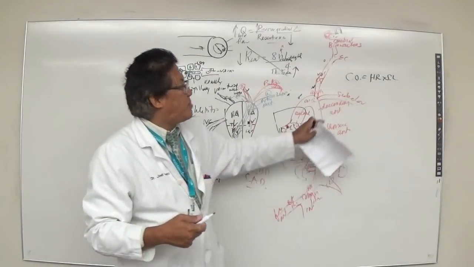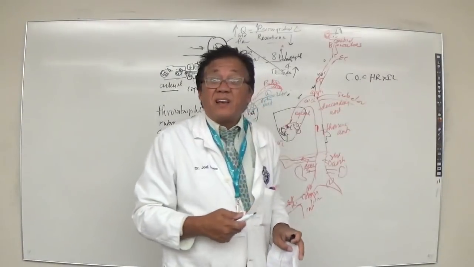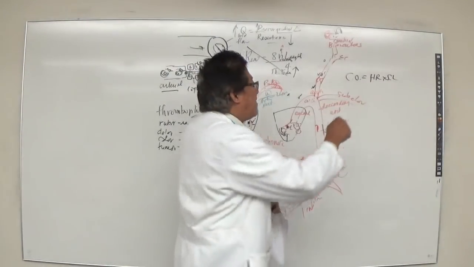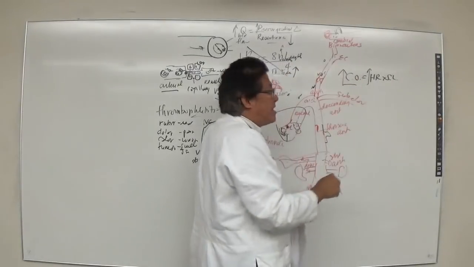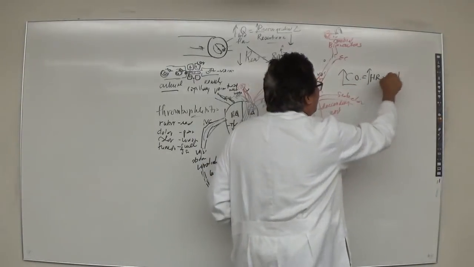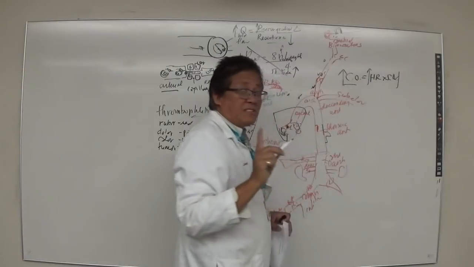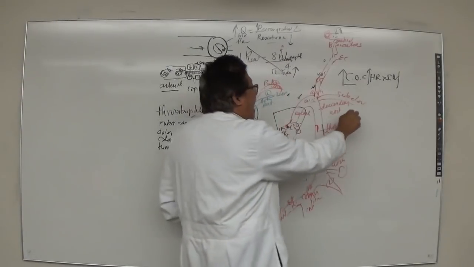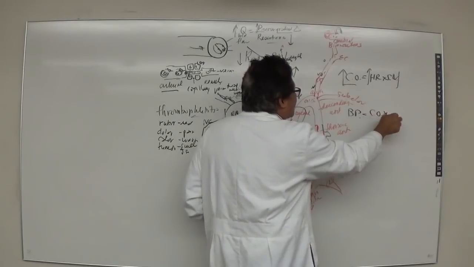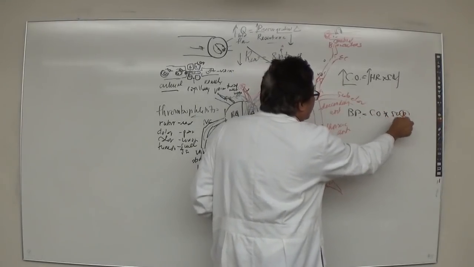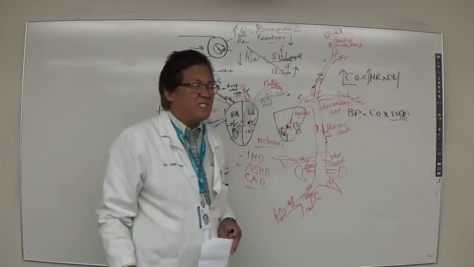Now, what is the relationship between these two? Directly related. Which means, if you increase heart rate, what happens to the cardiac output? It goes up. If you increase stroke volume, it also goes up. Now, there is another formula: blood pressure is equal to cardiac output times resistance, systemic vascular resistance.